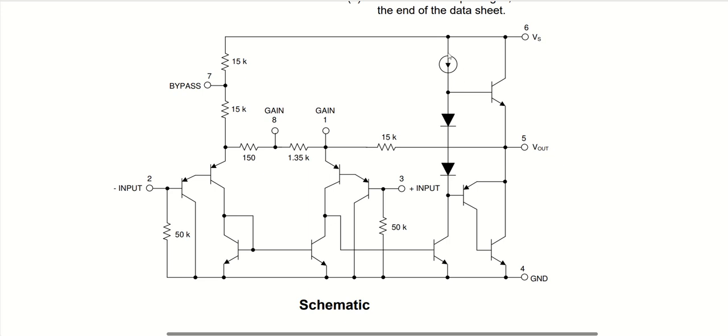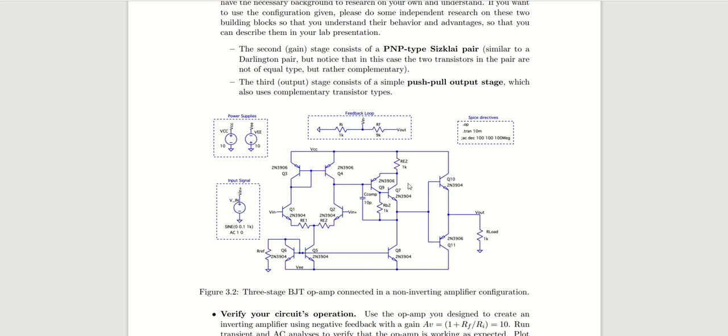So this is a constant current source, which is an active component. Per the lab manual, it's supposed to just be transistors, resistors, and capacitors. You could swap that out for a resistor. And then I want you to notice this configuration. This is that same PNP cis-Cli pair or compound Darlington. And I will go back to the lab manual, and you can see it's identical.